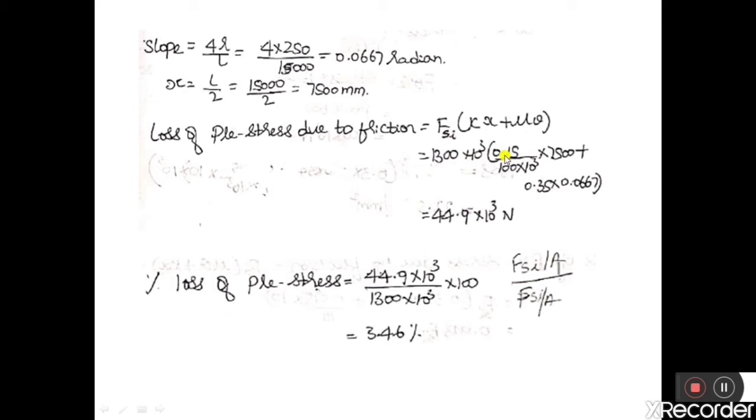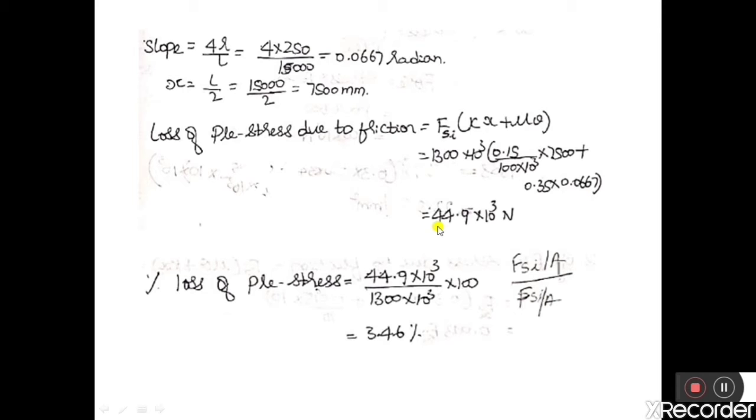So force by area is equal to initial prestress. The value of K is 0.15 per 100 meter, so 0.15 divided by 100 into 10 to the power of 3, where 100 meter has been converted into millimeter, into the value of x, 7500, plus mu is equal to 0.35 into 0.0667, the slope, which is equal to theta.